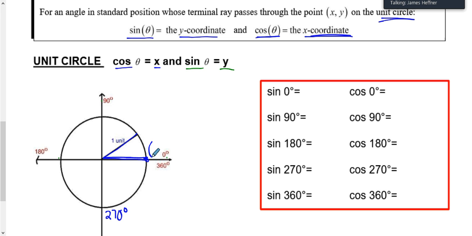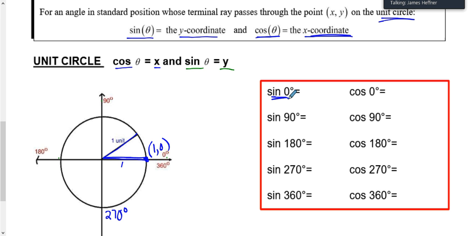It'll be 1 comma... how far up? What's the y direction of this point? It's up 0, so it'll be 1, 0. And remember, that's cosine comma sine, of 0 degrees. So what's the sine of 0 degrees? The sine of 0 would be 0.